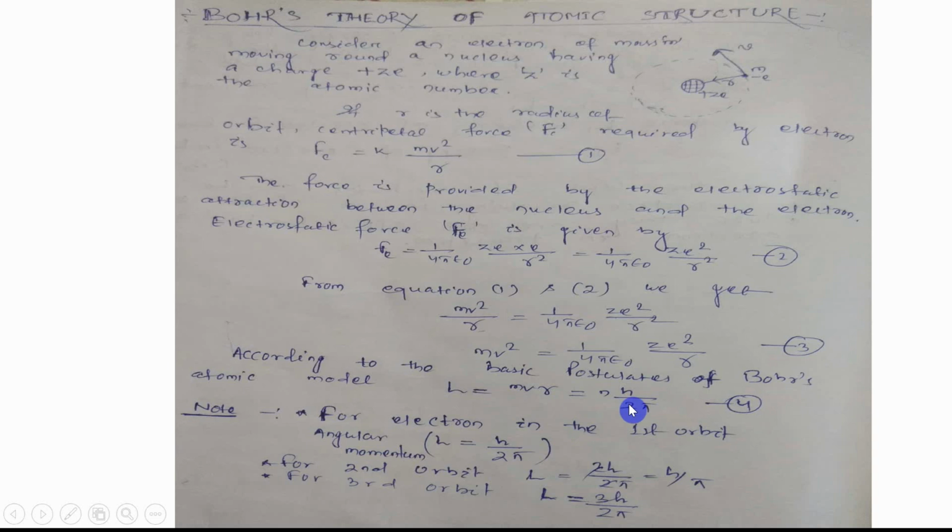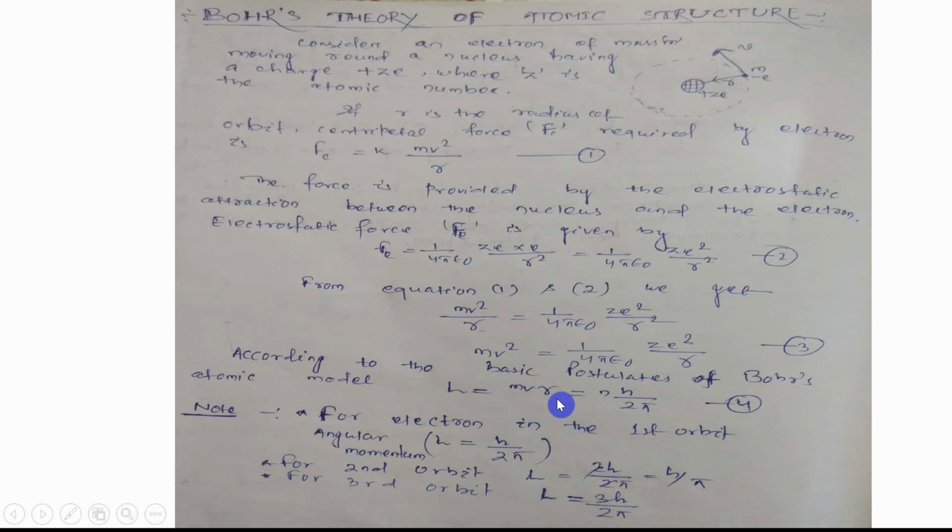Sometimes a question will come, for example, what is the angular momentum in the first orbit of the hydrogen atom? For the first orbit we put n equal to 1, so in the first orbit the angular momentum L equal to h by 2 pi.